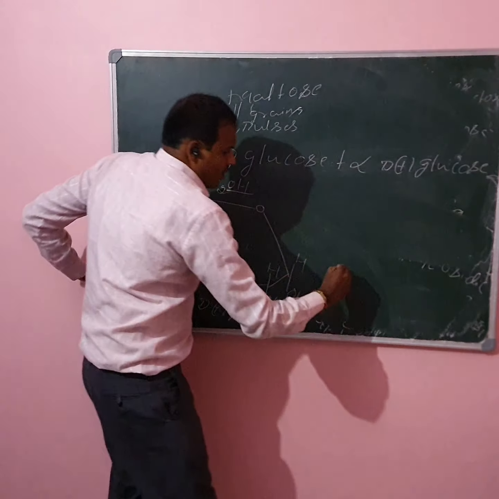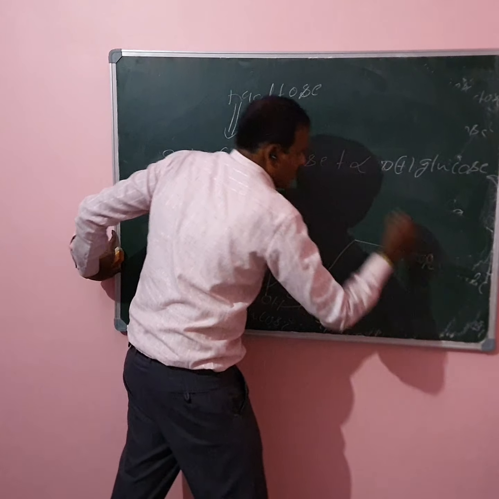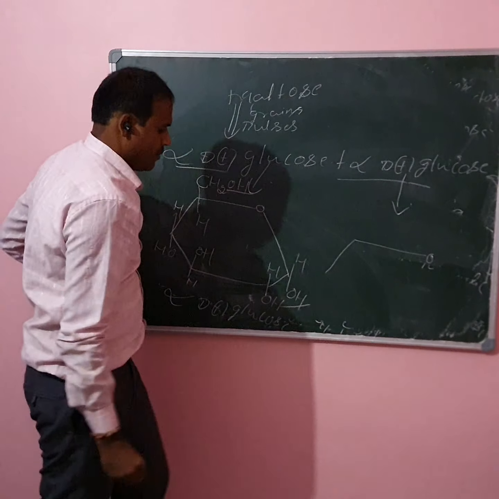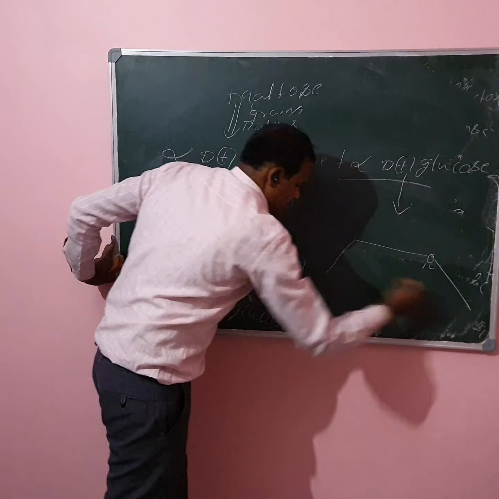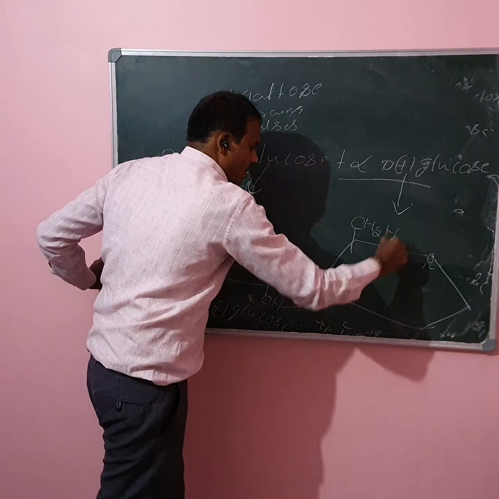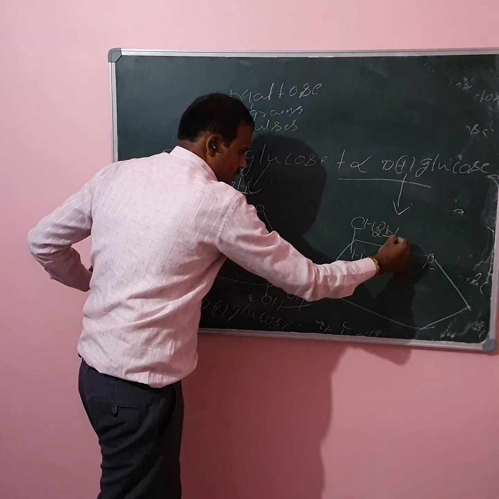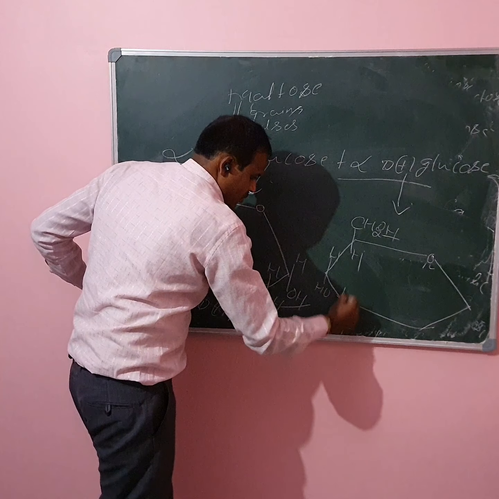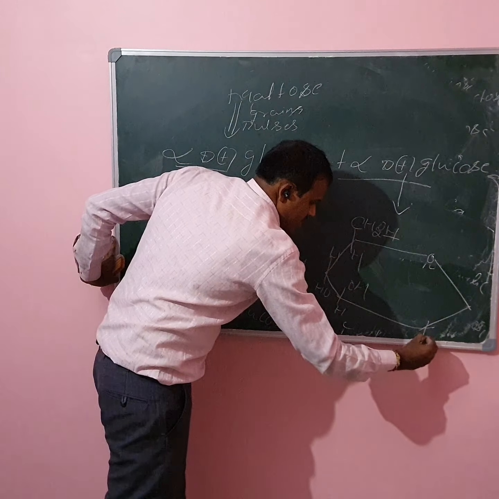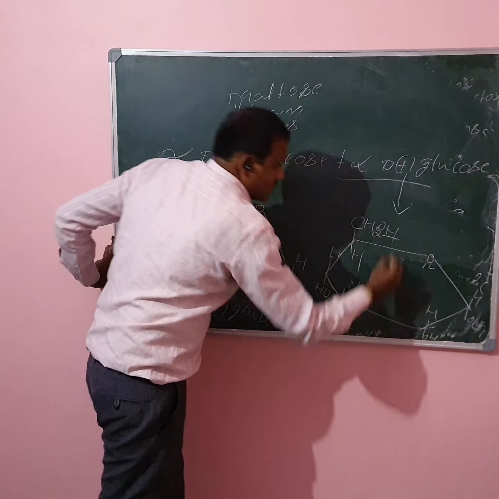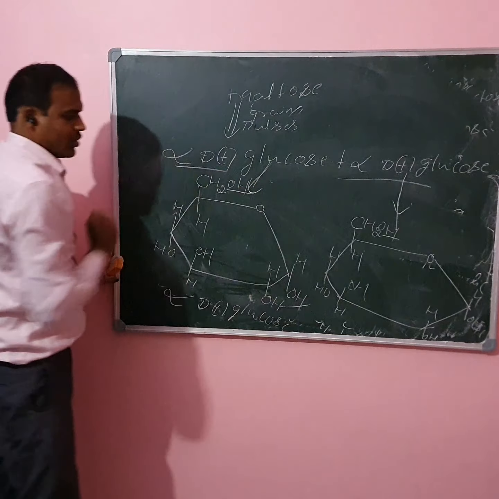Then another alpha-D-(+)-glucose here: CH2OH opposite H, OH opposite HO, opposite HOH, and opposite OH, H and HOH. This is also alpha-D-(+)-glucose.